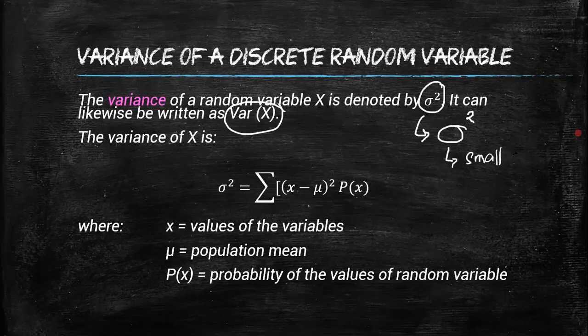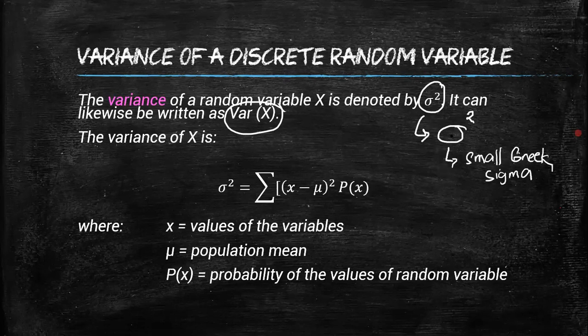Kasi yung capital Greek letter sigma is ginagamit sa summation. Ang small Greek letter sigma is yung parang bilog na may extension. And it is sigma squared.